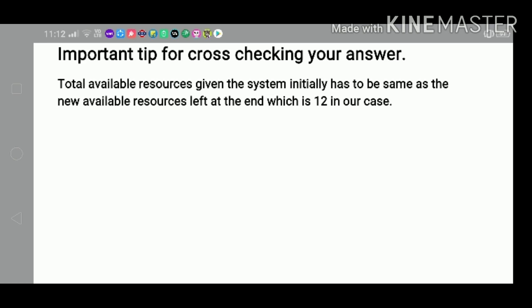What was given initially, that is 12, has to be written back at the end, that is again 12 like in our previous example. So that is the method or the technique we can say for cross checking our answer. Okay, so that is a very important tip, because this kind of question they used to ask for 10 marks.